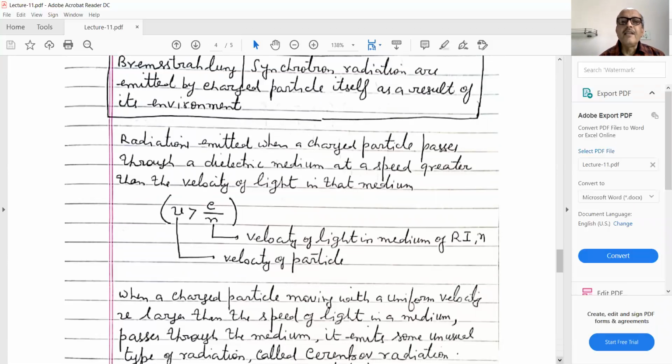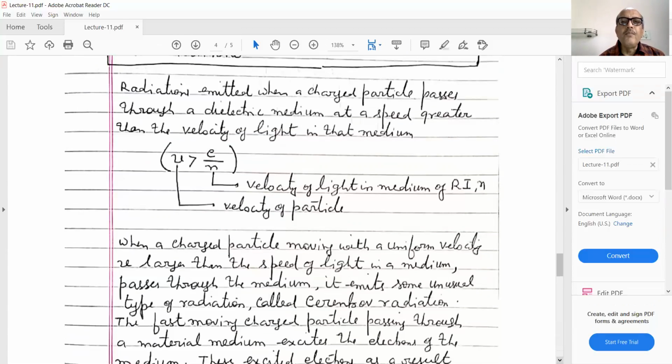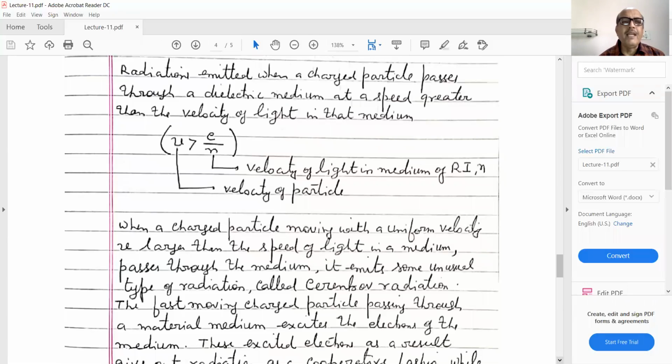So, in fact, suppose we have a charged particle moving with a uniform velocity v in vacuum. There will not be any radiation, because radiations are emitted by an accelerated charged particle. So in vacuum, a charged particle moving with uniform velocity will not produce any radiation.